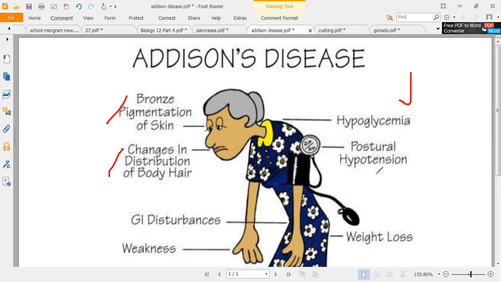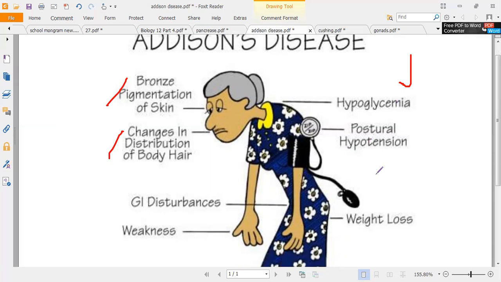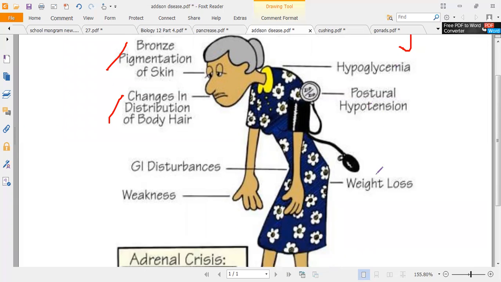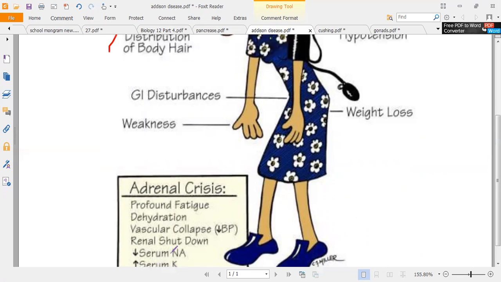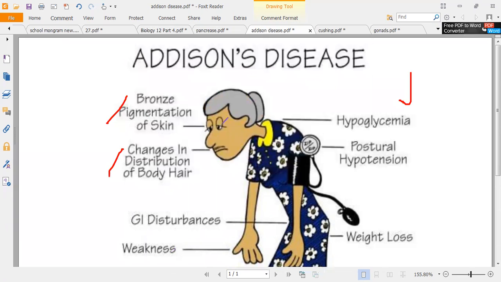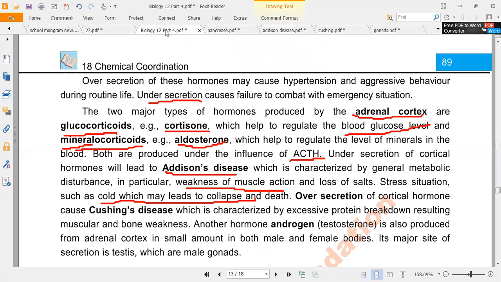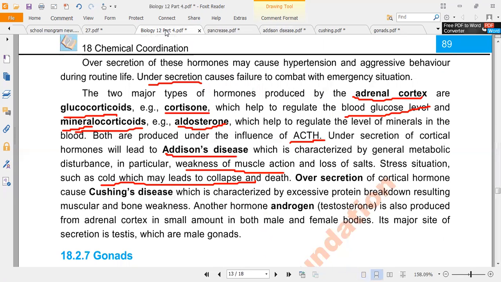Hypotension means low blood pressure. And gastrointestinal disturbances, weakness and weight loss, profound fatigue, dehydration, vascular collapse, where BP can get much lower, renal shutdown, serum sodium decreased and potassium increased. That is not a good sign for the body. Definitely the person can die very soon.